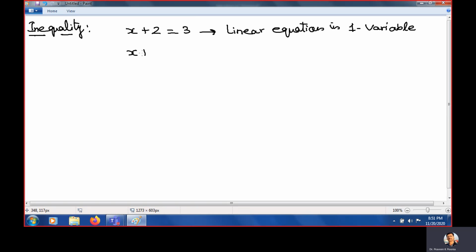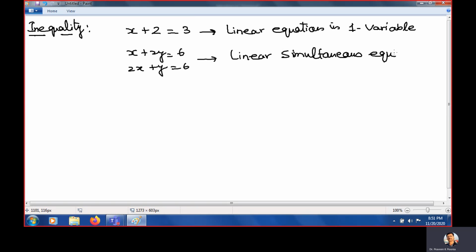And if we are writing x plus 2y is equal to 6 and 2x plus y equal to 6, these are linear simultaneous equations. Clear? And these equations have two variables.